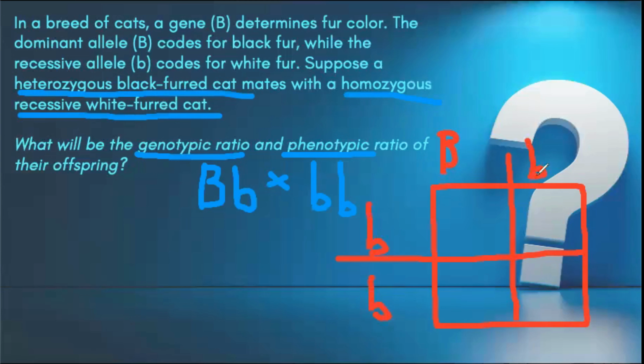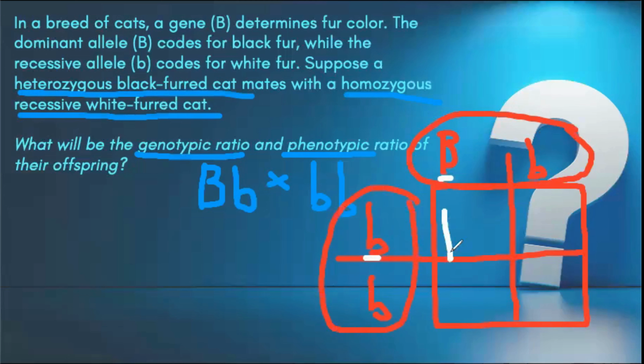It could be horizontal or vertical. It doesn't matter as long as one parent is on one side and the other parent is on the other side. Now we have to combine both of them. In this first box, we have big B and little b.